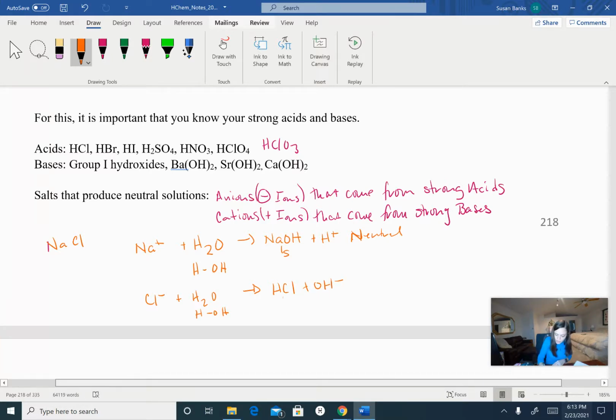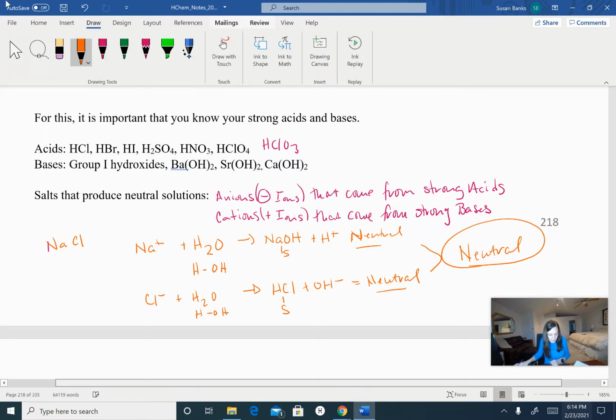Now this is also a strong acid, so it is not going to stick together. It is going to dissociate completely. So because it dissociates completely, this is also neutral. Because both of these end up being neutral, the salt overall ends up being neutral.